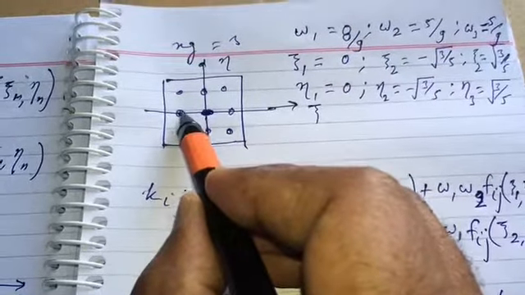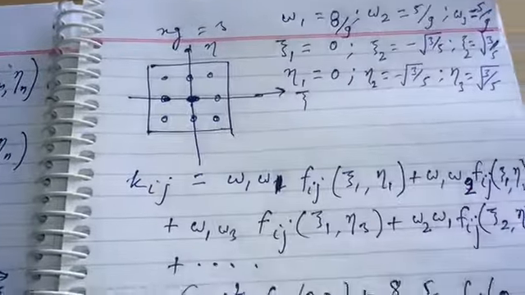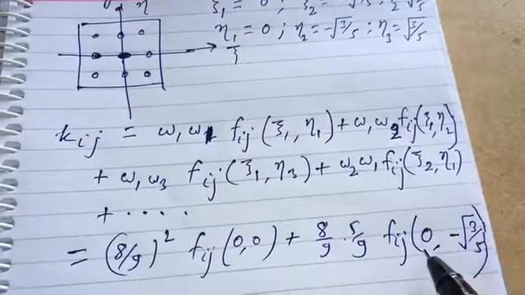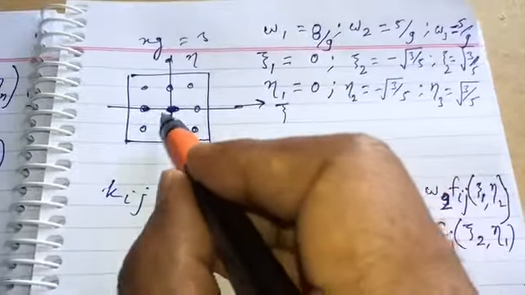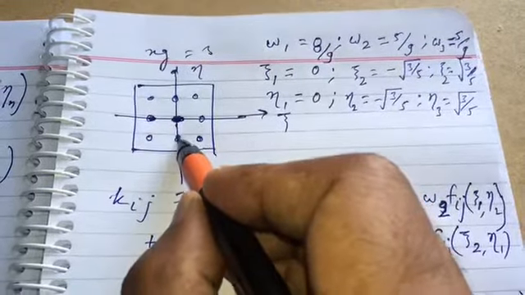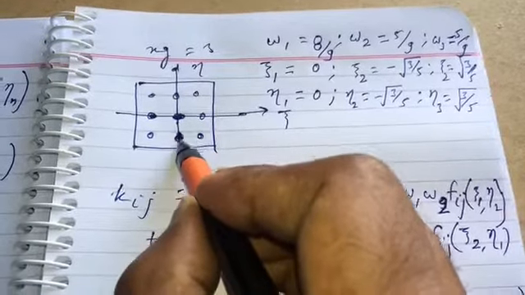Sorry, this is 0 minus root 3 over 5, so this is not this but this point we are talking about right now.